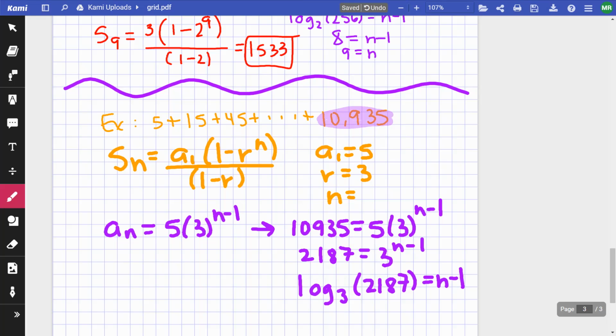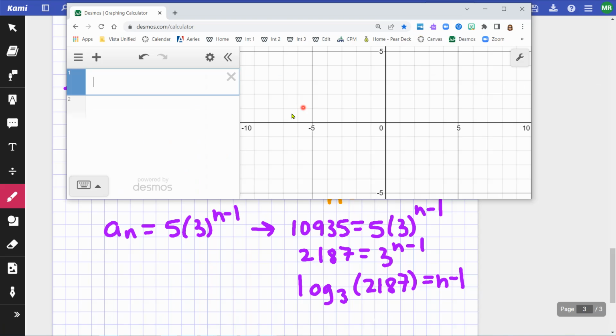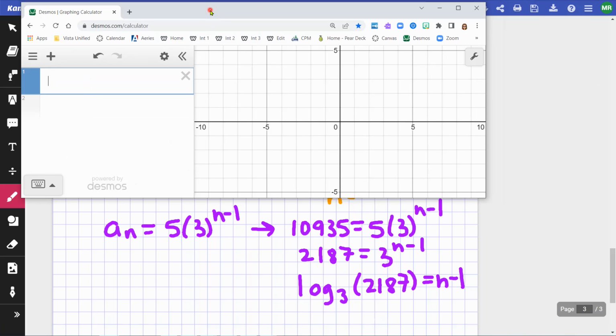And again, when I put that into Desmos, I'm going to type in log, shift in the underscore, and this is log base 3 of 2187, close my parenthesis.